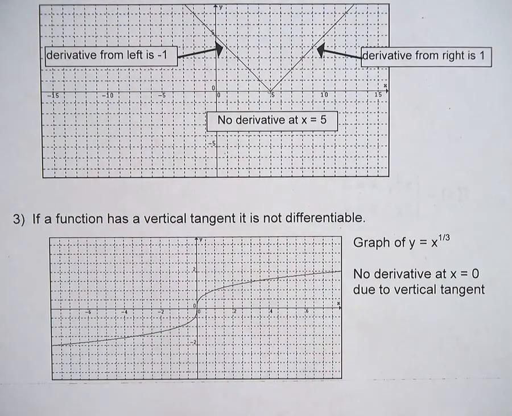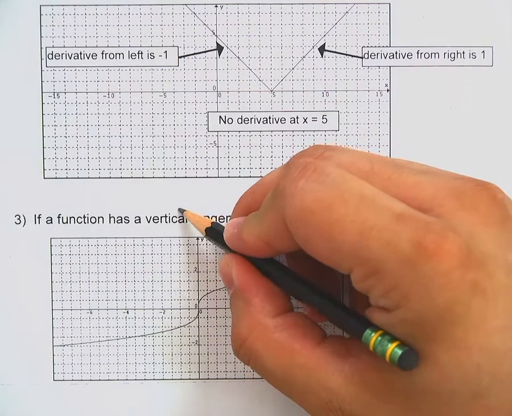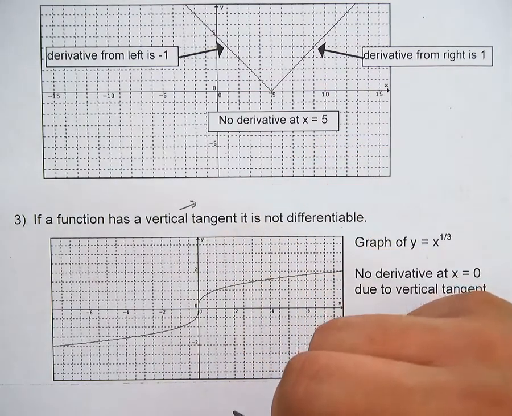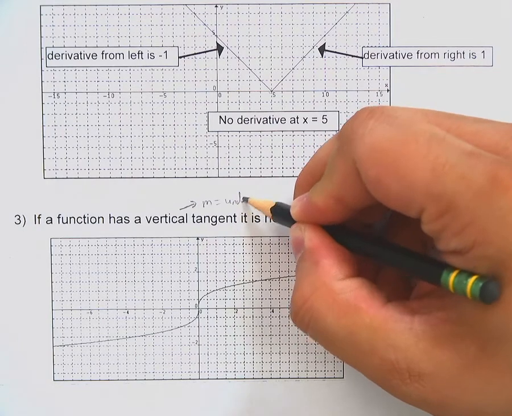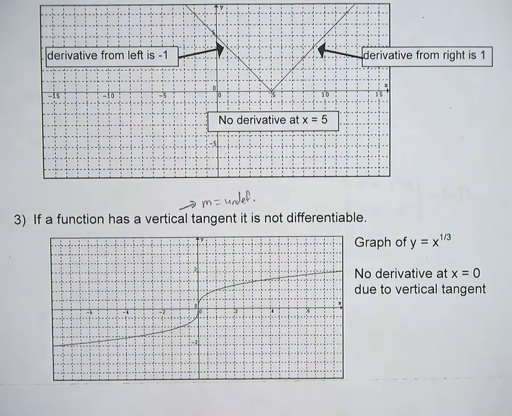And the last one here on the bottom says if a function has a vertical tangent, it is not differentiable. Think about what it would take for a tangent to be a vertical line. That means that your slope would have to be undefined, right? An undefined slope is a vertical line, kind of like at 0 right here.